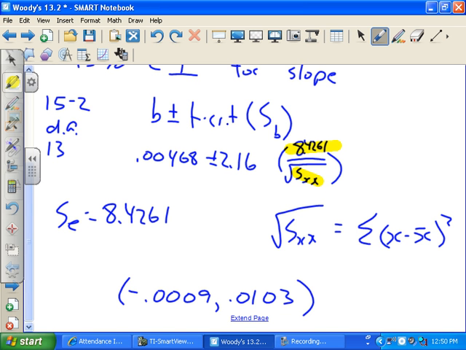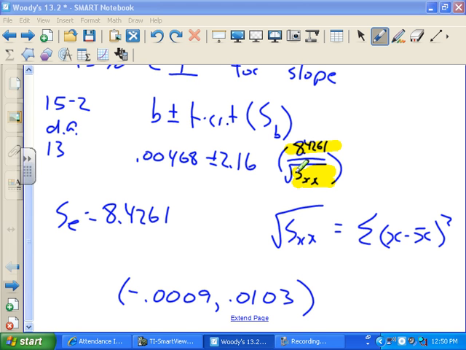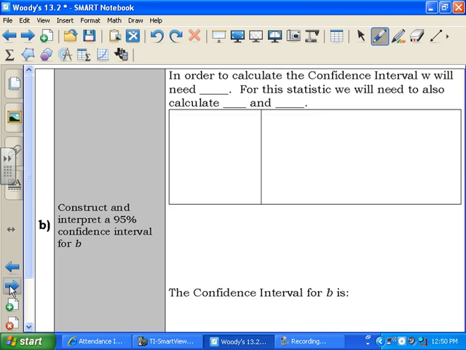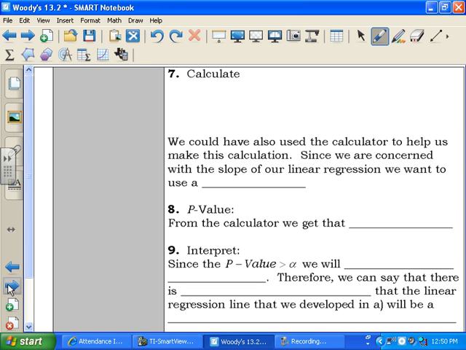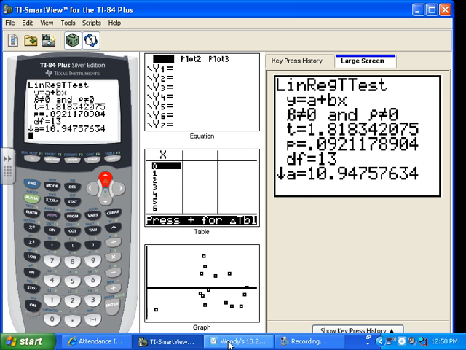It takes work, but everybody can do that part from the calculator. I don't want you to waste your time doing that part. I will provide you SXX. To get SB, you need to take the standard error and divide it by the square root of SXX. Make sense? Okay. All right, that's it for the model utility test. That's it for linear regression hypothesis tests.